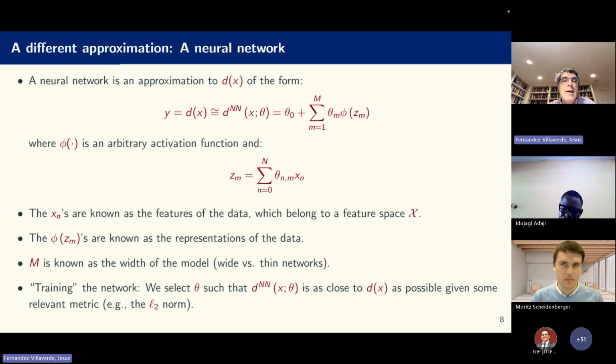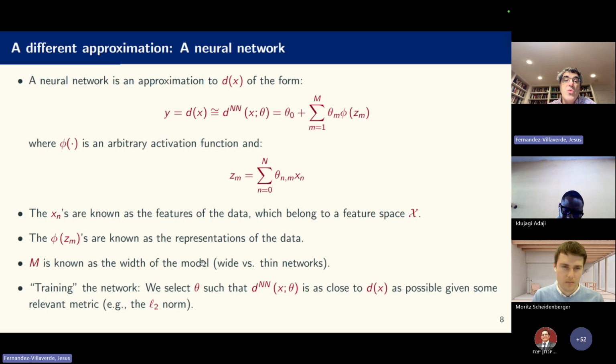Now, what we are going to do then is basically do this capital M different times. Of course, notice that the coefficients over here, theta and m, depend on m. So we are doing this for m different combinations of coefficients. Depending on how large m is, when m is small, we call this a thin network.